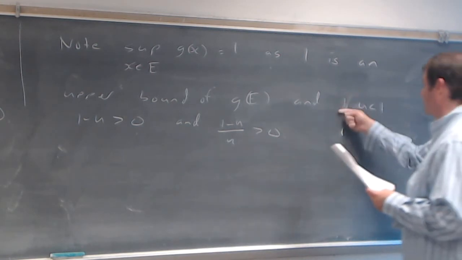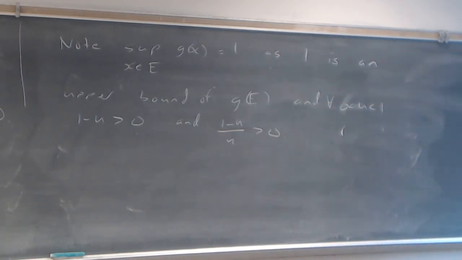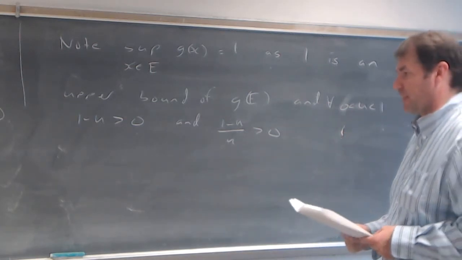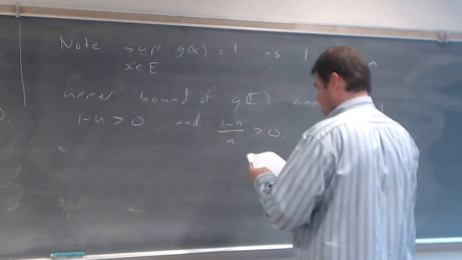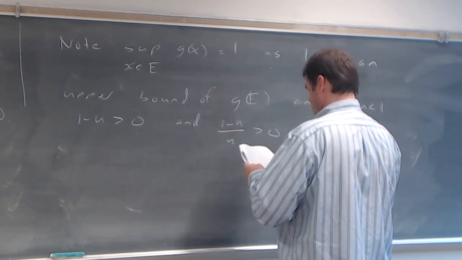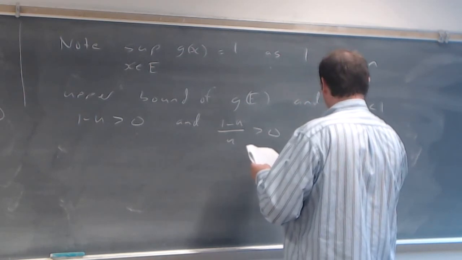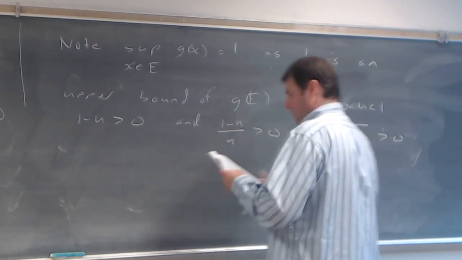Here I'm thinking that u has to be greater than 0. If you give me something that's equal to 0 or less than 0, we know that it's not an upper bound. So the square root of 1 minus u over u is going to be greater than 0.